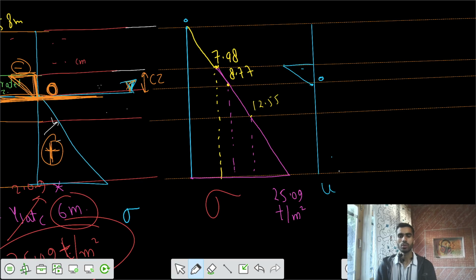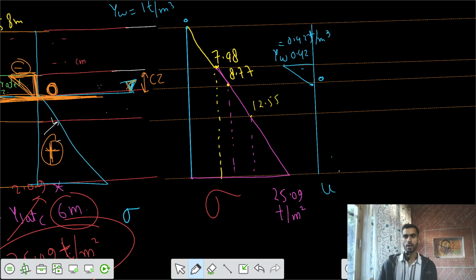So this value is equal to gamma w into the height of 0.42, which is 9.81 into, in terms of gamma w equal to 1 ton per meter cube, so this would be 0.42 tons per meter square, negative.